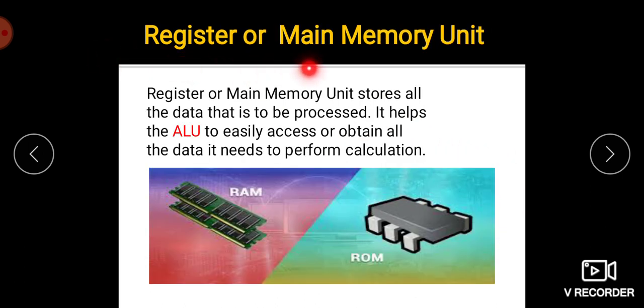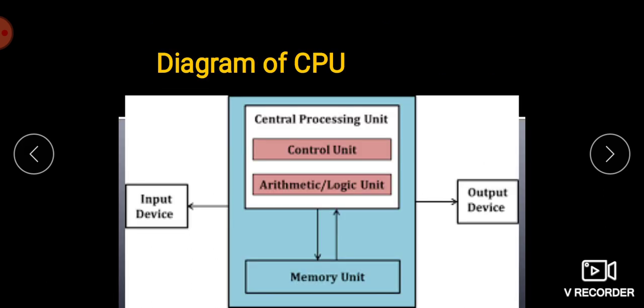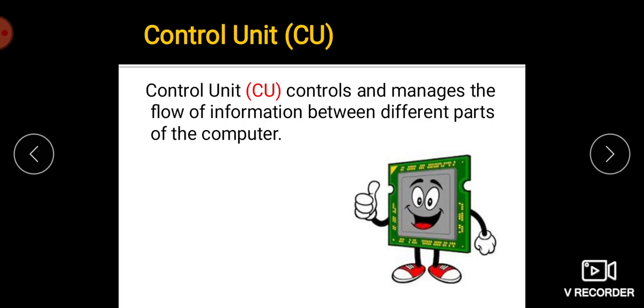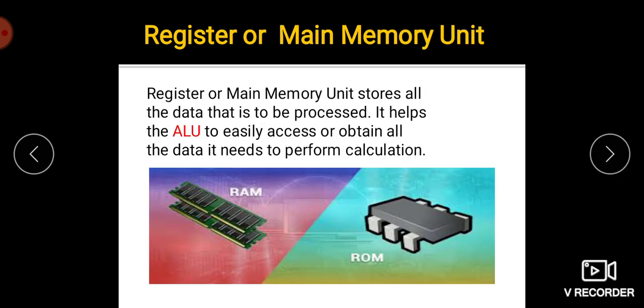Third, register or the main memory. So my dear students, technically memory is not the part of the CPU. Okay, you can see it here also. In this diagram you can also see that memory unit is not the part of the central processing unit. It is used to store all the data that is to be processed.